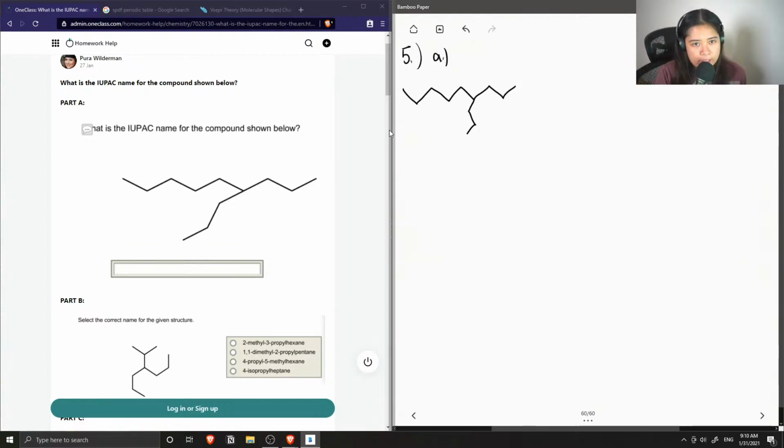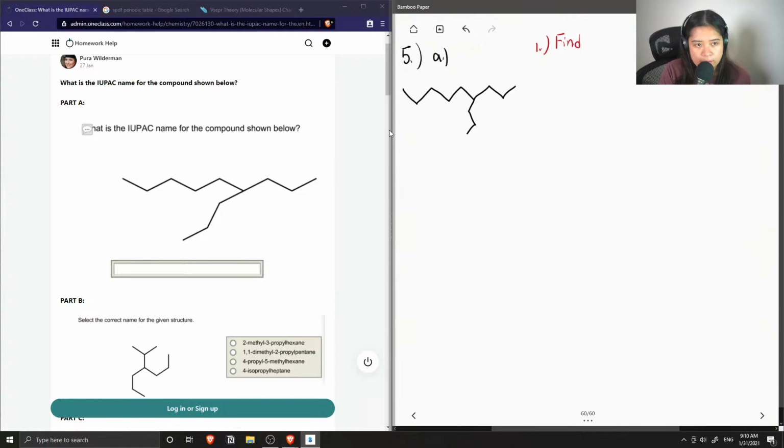Okay, so when writing out the name for these compounds, we first need to find out the parent chain. So I'm just going to put some general rules.